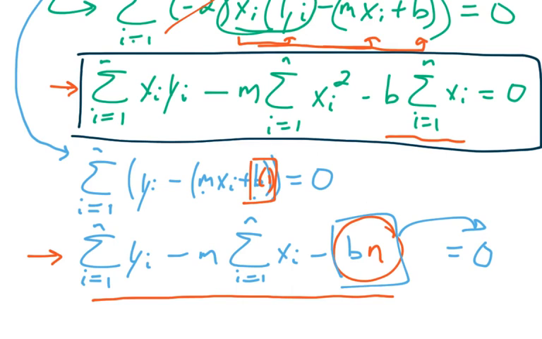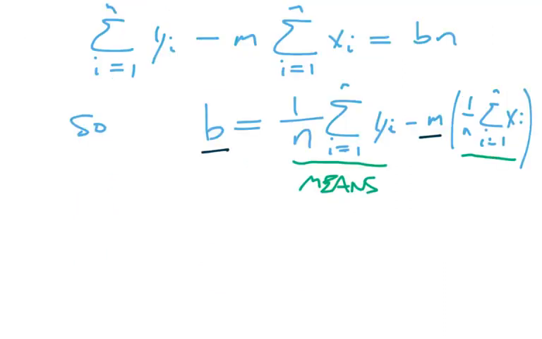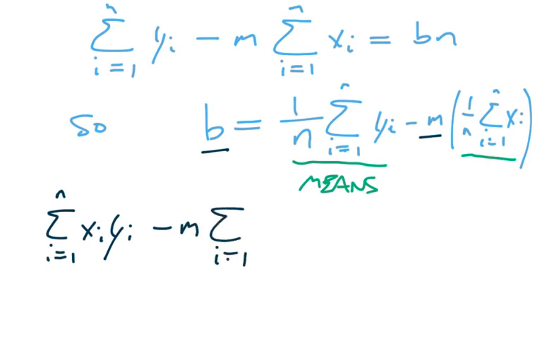So I've got my sum of the product of my data points minus m times the sum of the xi's squared. So that's going to be the product of my data points minus m times the sum of the x's squared.